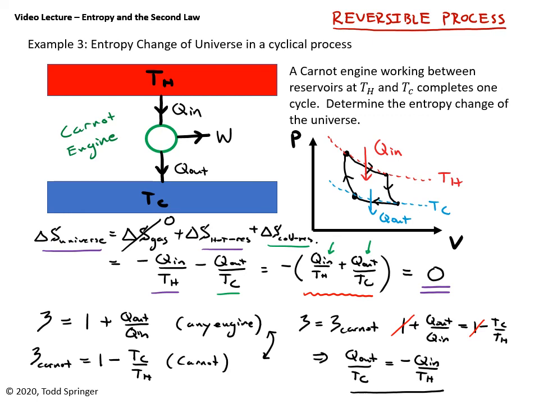And that's the thing that makes it special, that the entropy change of the universe is 0. So we've done 3 examples now, and we saw that for the irreversible processes, delta S for the universe was always positive, and for the reversible process, delta S for the universe is equal to 0. So now we're ready to formalize a final formulation, a connection between entropy and the second law of thermodynamics and reversibility.